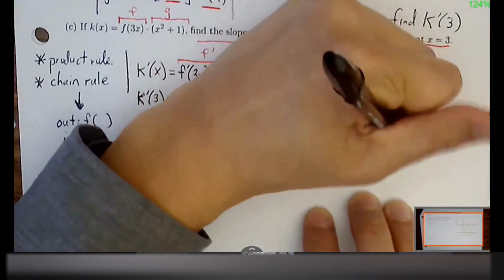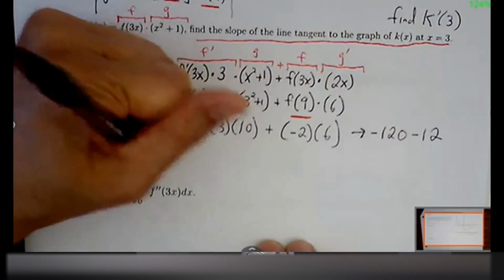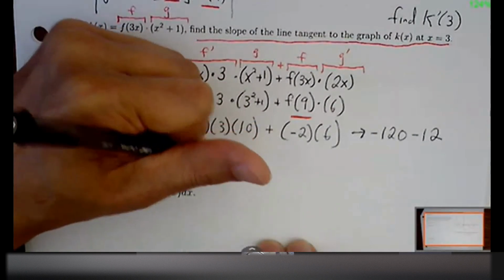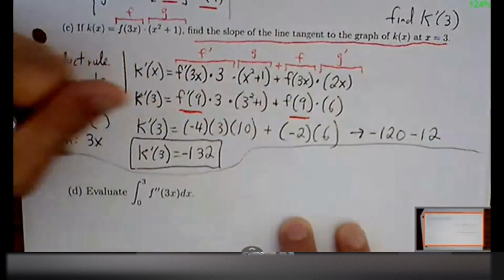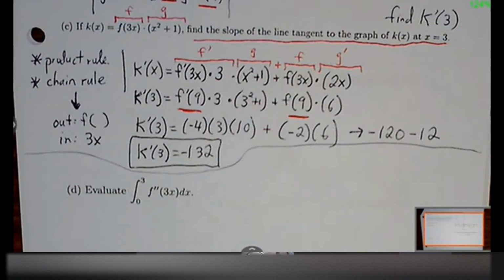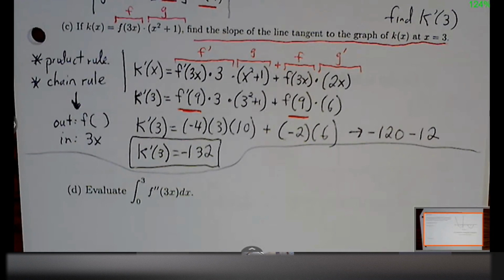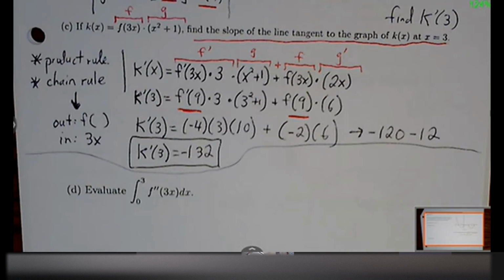This ends up giving me negative 120 minus 12. Okay, any questions here?